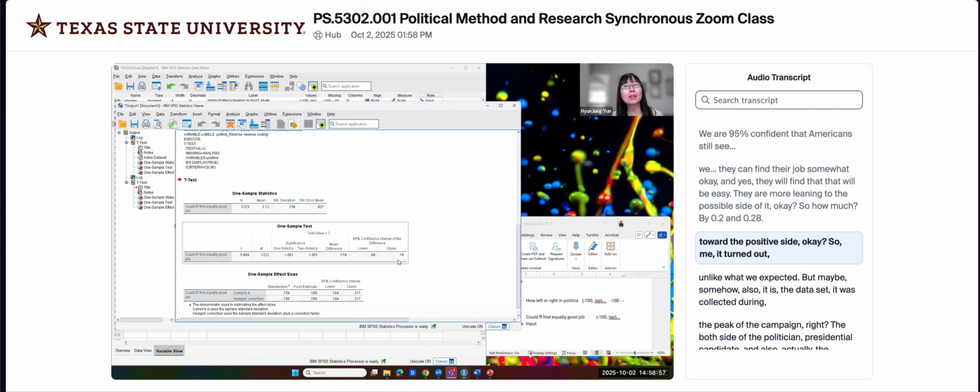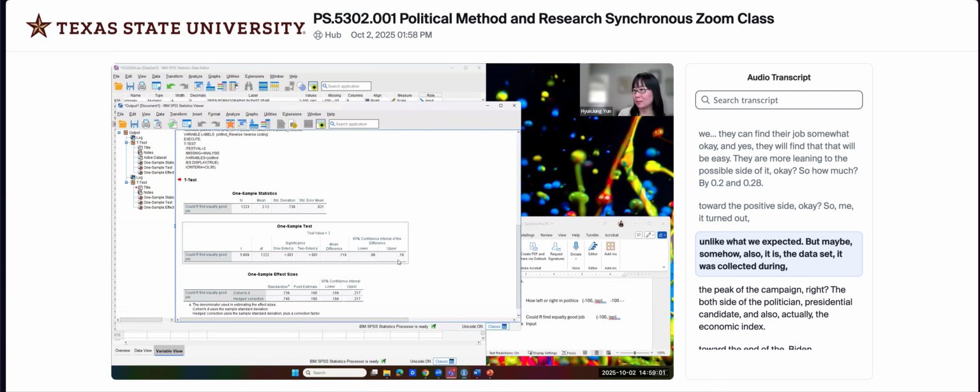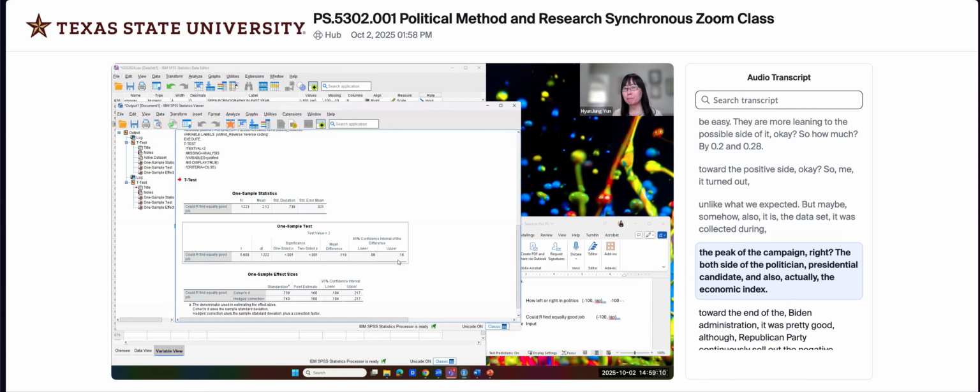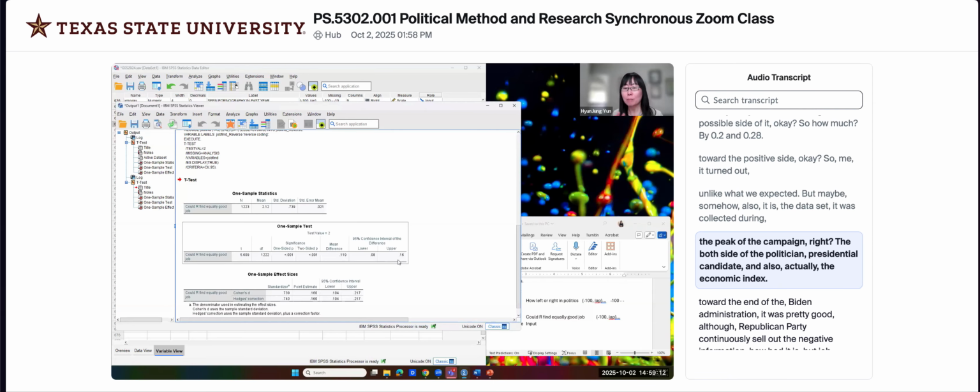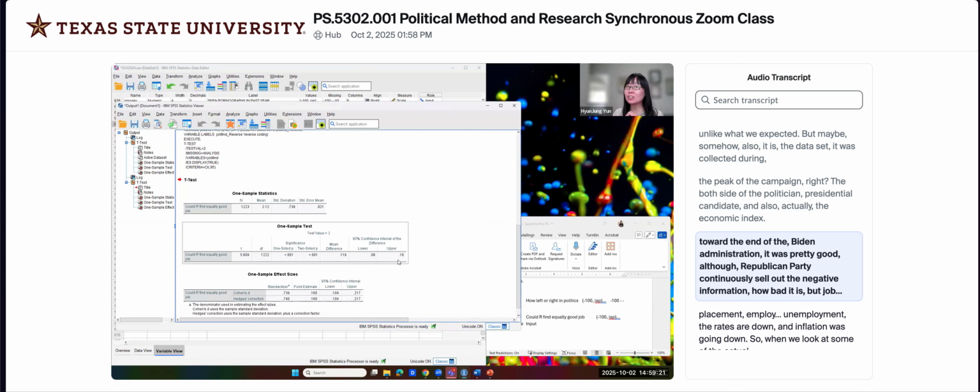Okay, so it turned out unlike what we expected, but maybe somehow it is also because the data set was collected during the peak of the campaign, right? Both sides of the politicians, the presidential candidates, and also the economic index toward the end of the Biden administration, it was pretty good.